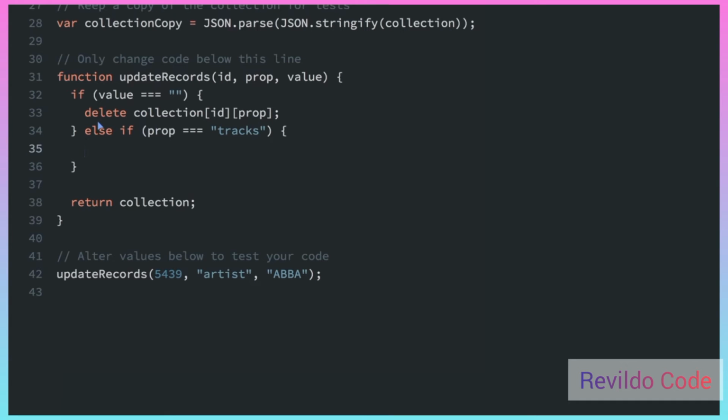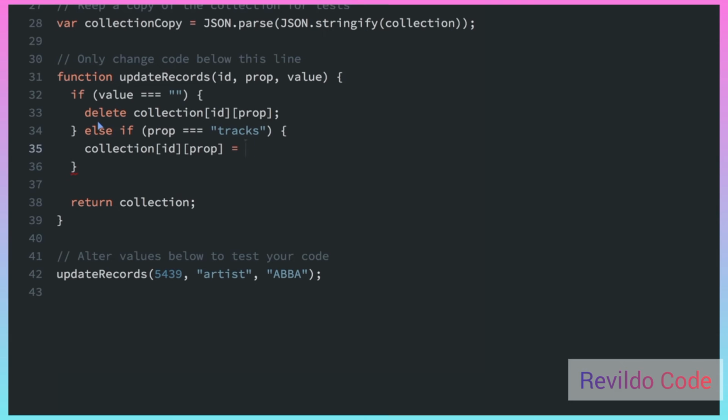There's also another condition here, which is if the tracks property is empty. If the tracks property is empty, we need to create it. Here's a fancy way to do that. Collection ID props. So if prop equals tracks, we're going to set the tracks, because remember, prop is going to equal tracks. We're going to set the tracks to equal either itself if it exists, or if it doesn't exist, we're going to create it.